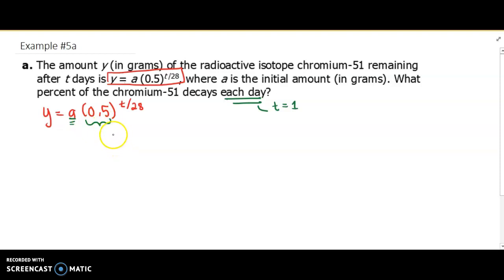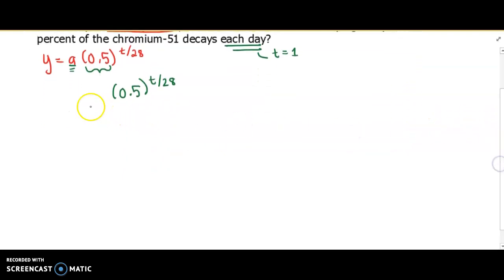All right, so we're going to do 0.5 to the T over 28, and we're going to work this out. If you remember the property of exponents, this is the same thing as 0.5 to the 1/28th power to the t.